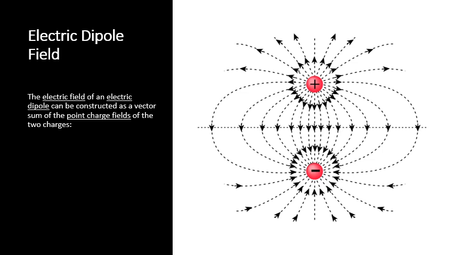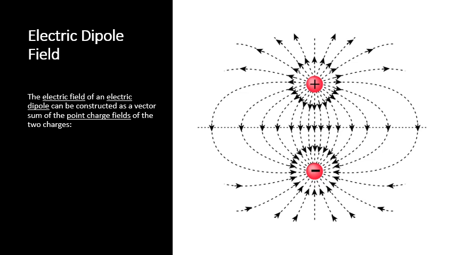As we know, for a positive charge we always use field in the outward direction, and the field direction is inward for a negative charge. Now, for a dipole, the charge separation between the two opposite charges is very small. Then we observe such type of field lines.